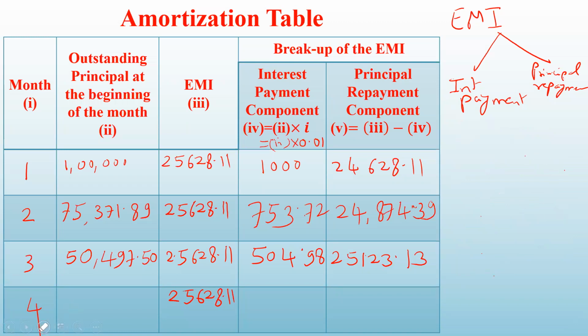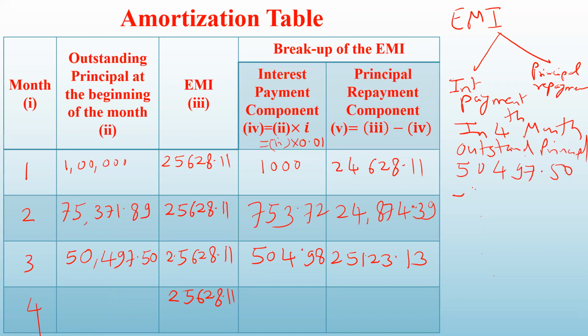Okay, let us see in the fourth month. In fourth month, what is the outstanding principal? Outstanding principal will be 50,497.50 minus 25,123.13.